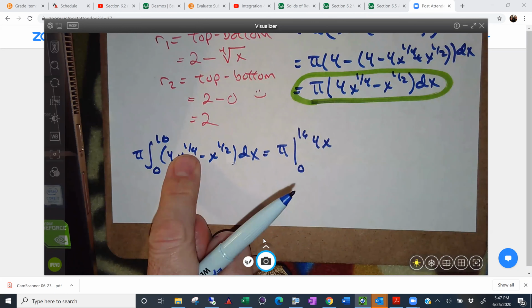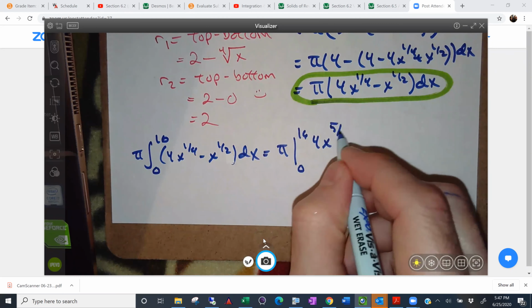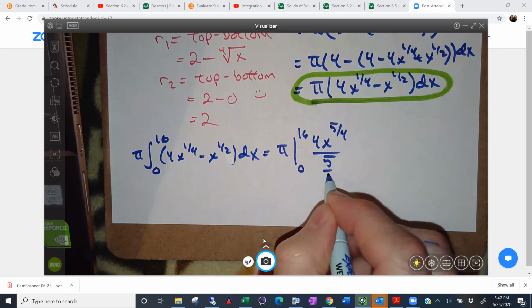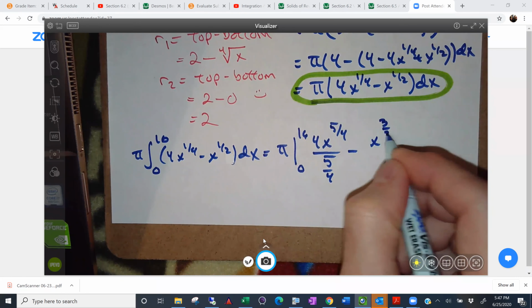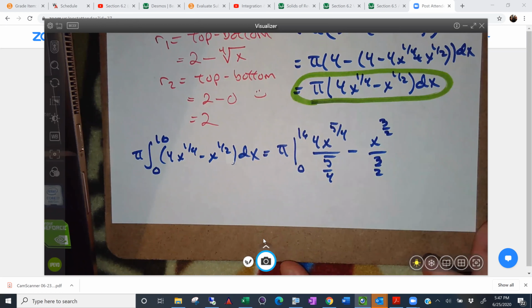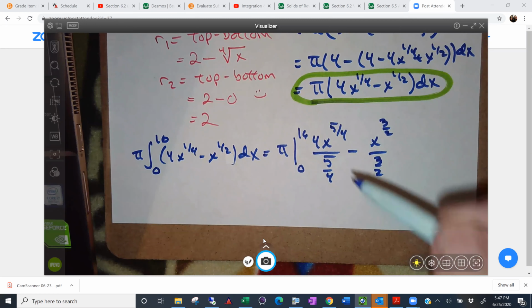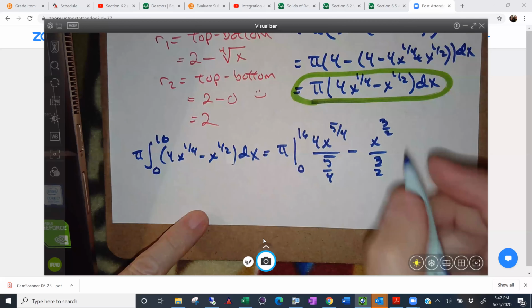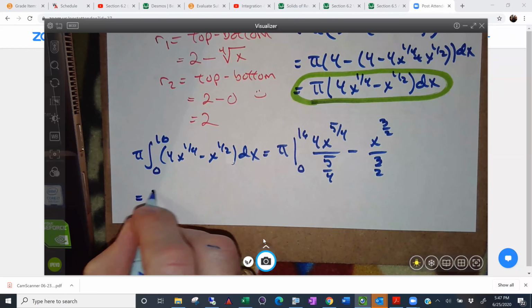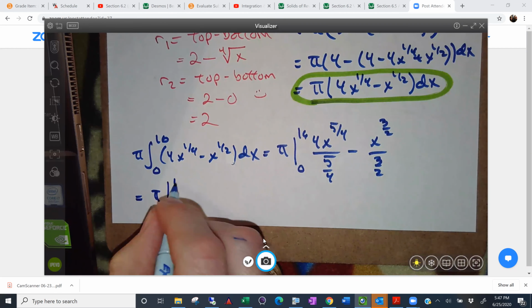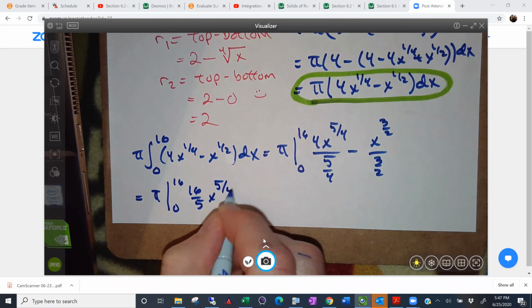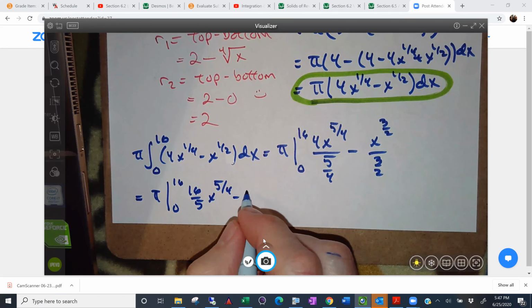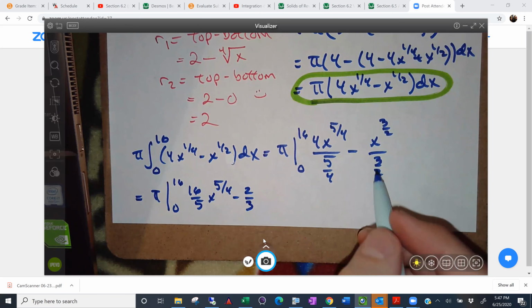If you add 1 to this, that's going to be 5/4 divided by that same exponent, 5/4, minus x to the 3/2 divided by 3/2. Probably not a bad idea to simplify that a little bit. So that's going to be pi times 0 to 16 of 16 over 5 x to the 5/4 minus 2/3 x to the 3/2.